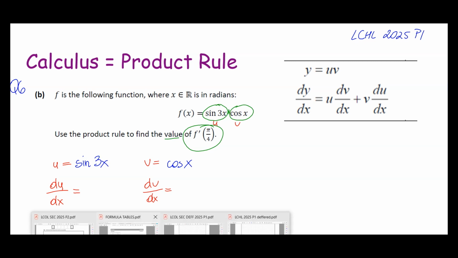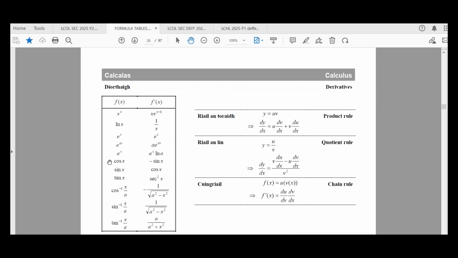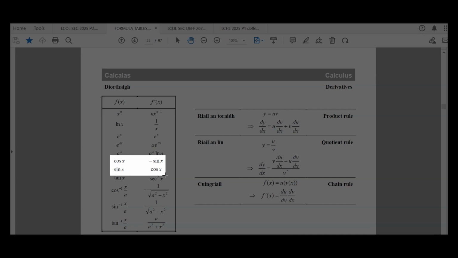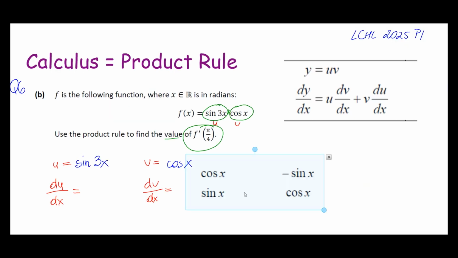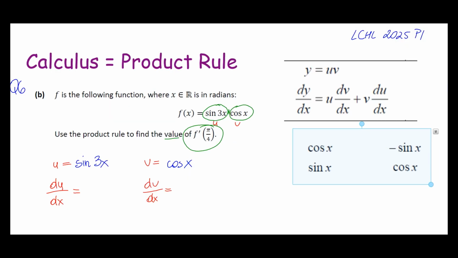So again, we go to the table and look for the formula. Here we have sin and cos. Let's get those formulas here. So our sin 3x will become cos x. Now, what is the issue here? We have more than just x.